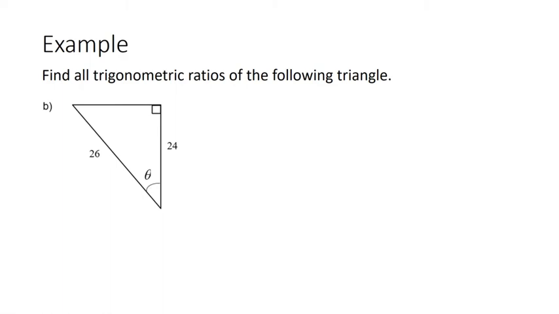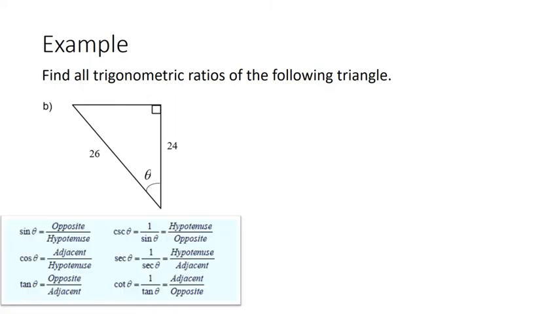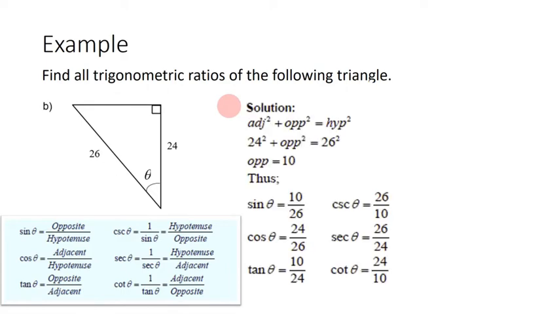The same goes to this question, but for this part, we didn't know what our opposite value is. We must again know the formula of a trigonometric ratio and then find the opposite value by applying the Pythagoras theorem.